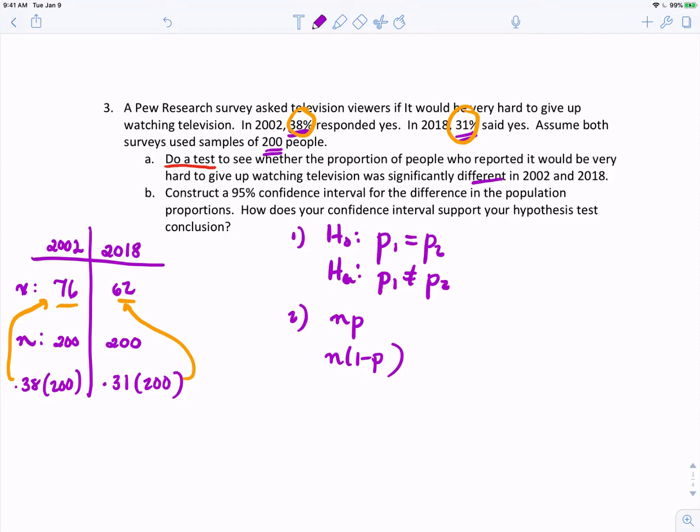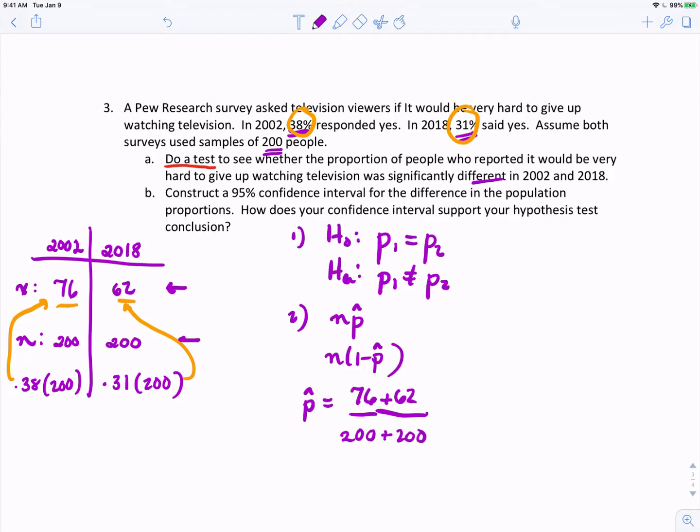But we don't have a p to use in the problem, so we need to make what we call a pooled sample proportion. So for the pooled sample proportion, we look at our data and we add the x's together, 76 plus 62, and then we add the n's together, 200 plus 200, and this is the number that we're going to use for our central limit theorem check.